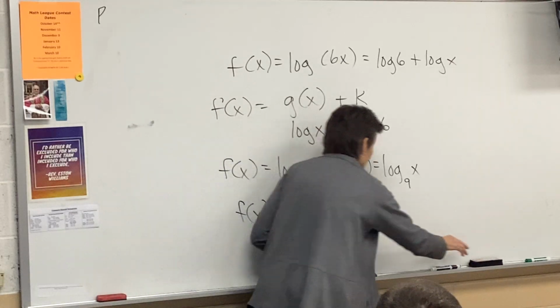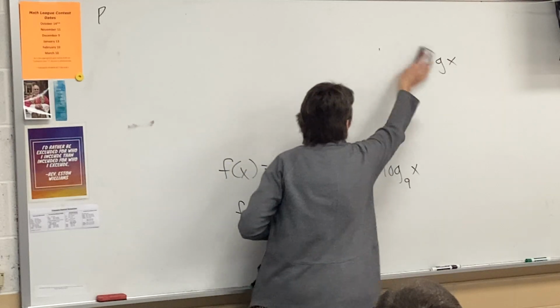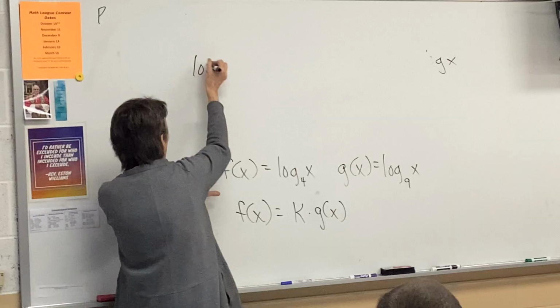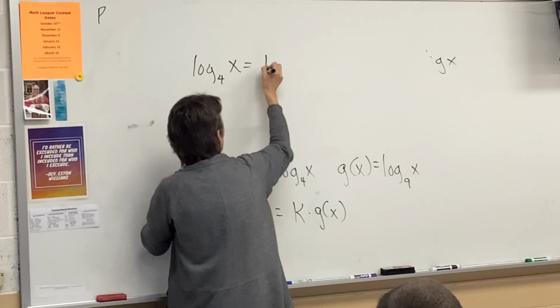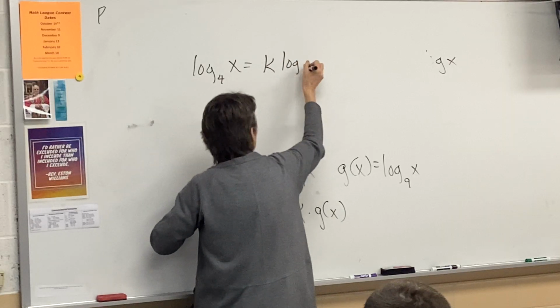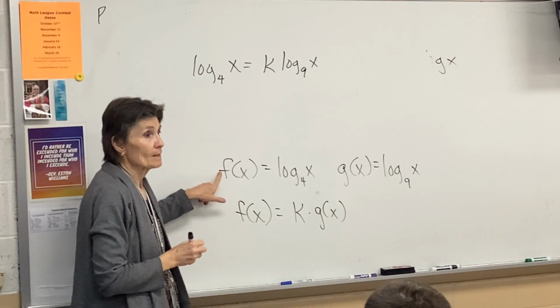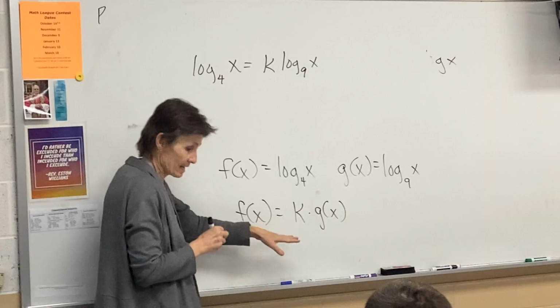So just taking the given, would you agree that the log base 4 of x has to be equal to k times the log base 9 of x? Would you agree that's what's going on? And our job is to find k.